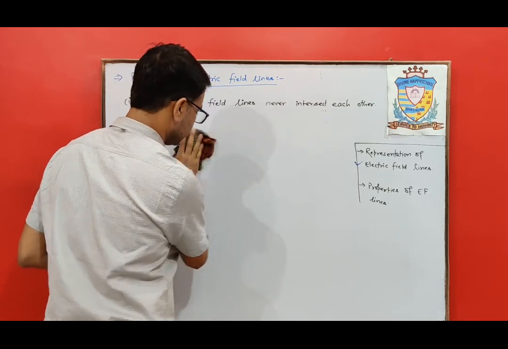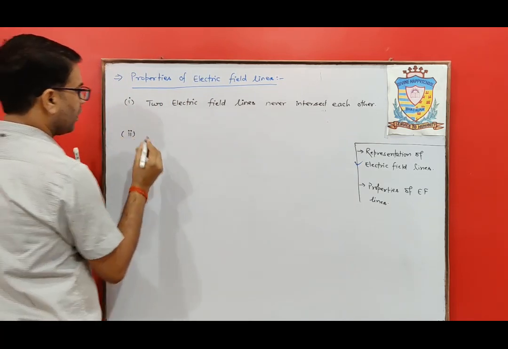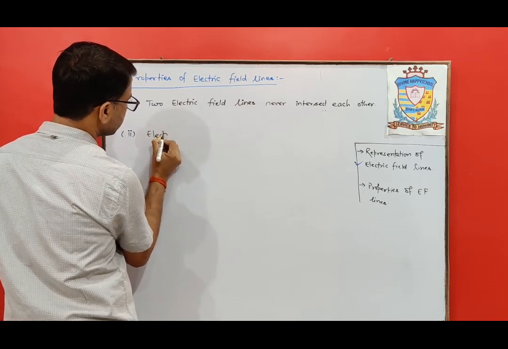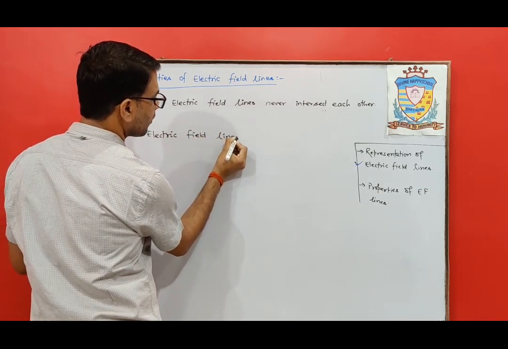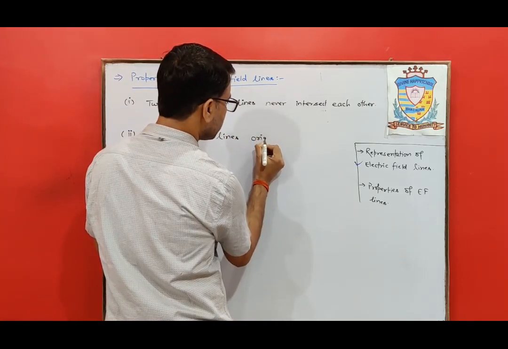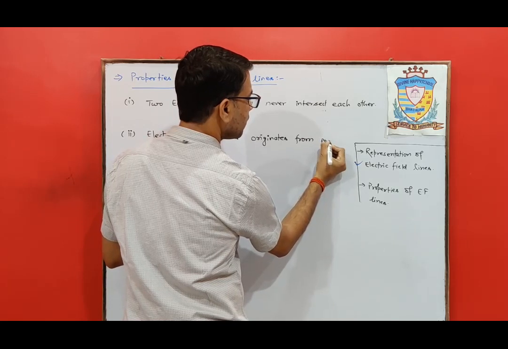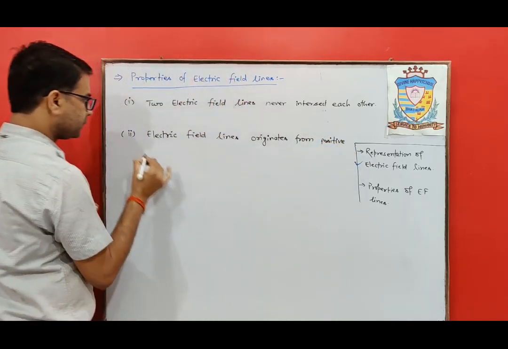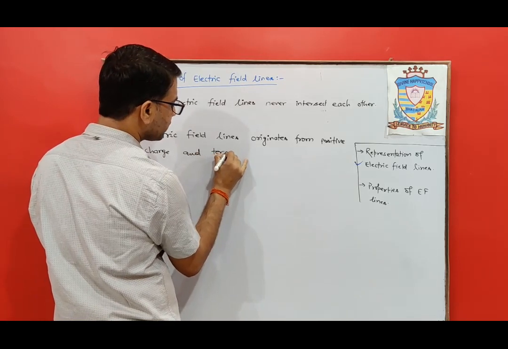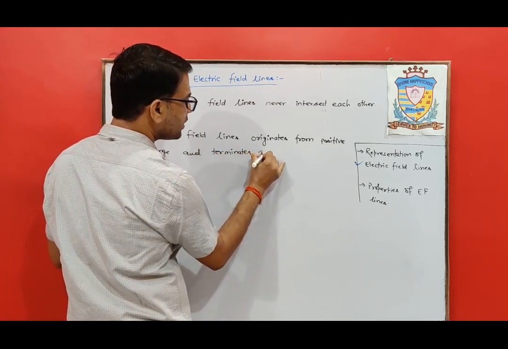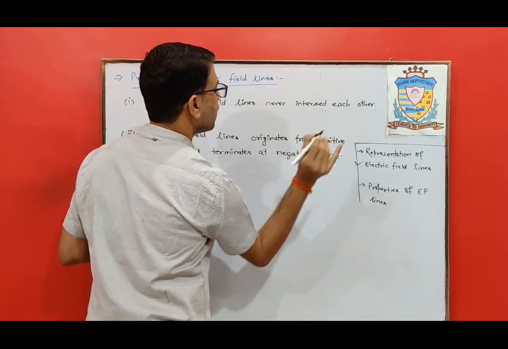The second point: electric field lines originate from a positive charge and terminate at a negative charge.